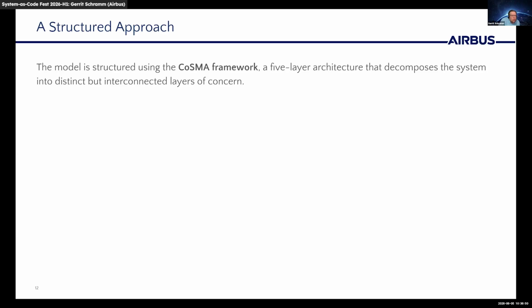layers of concern. And the first layer is the purpose layer. This answers the question why the system actually exists. And within this layer of our model, you will find entities, for example, NASA. You will also find requirements like astronaut safety, and you will also find capabilities like a heavy lift launch on the very high level.